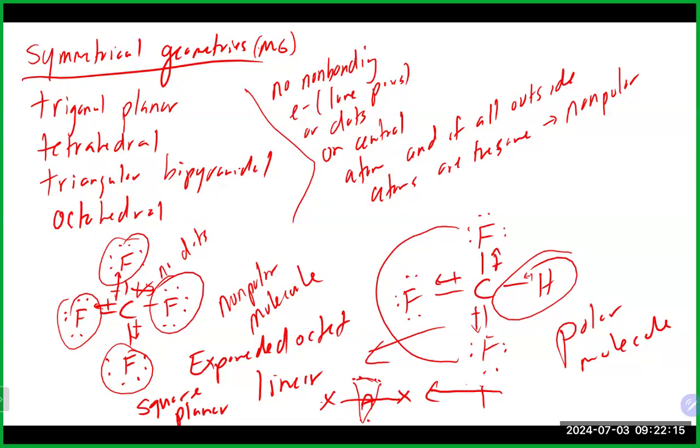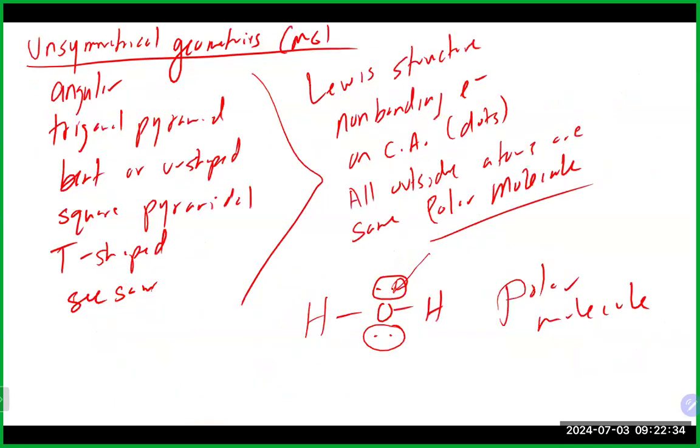But it is possible in linear that you could have everybody heading in the same direction, and that would then become polar. So it is possible in linear that you could have polar, but that's pretty easy to figure out because it's a straight line. So this is a really quick way that you can probably correctly identify whether something is going to be polar or nonpolar.